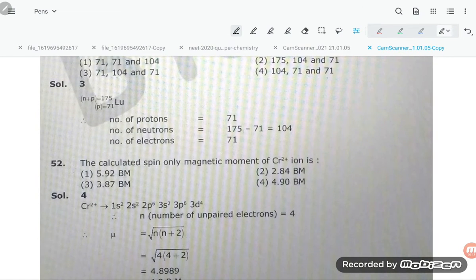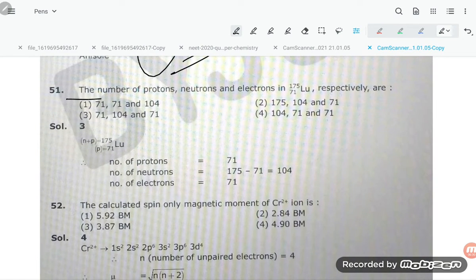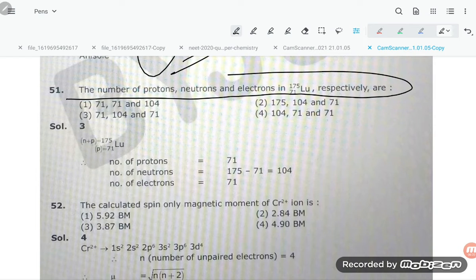Now the next question. The number of protons, neutrons and electrons in lutetium, atomic number 71 and mass number 175, respectively. So P is equal to 71. It is a neutral atom, so E is equal to 71.